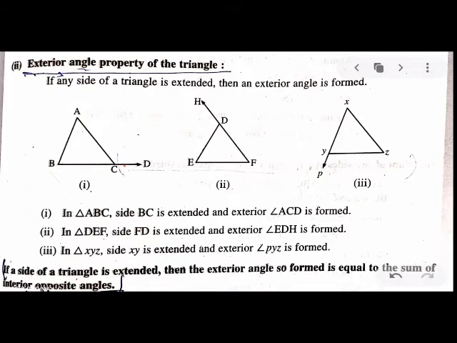If a triangle is there and you extend one side, see, I have extended this side, then this exterior angle so formed is equal to the sum of the interior opposite angles. For this angle, the opposite angles are this one and this one. If you add these two angles, you will get the value of this outside angle.